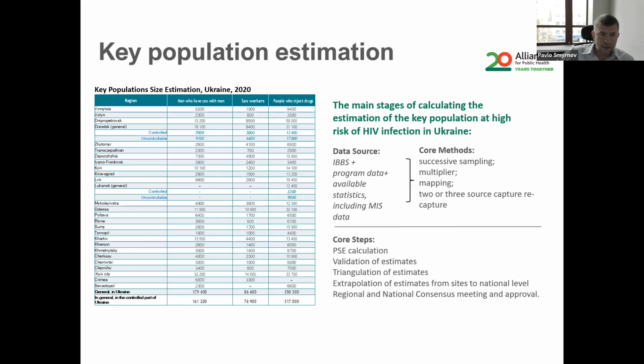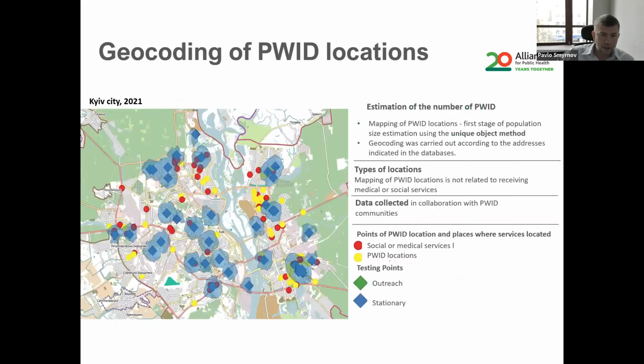Next slide, please. And not only stopping at the regional size estimates, we also do a more precise location mapping. On this diagram, you can see data coming from a mapping exercise before we started IBBS this year among people who inject drugs in Kyiv city, capital of Ukraine.